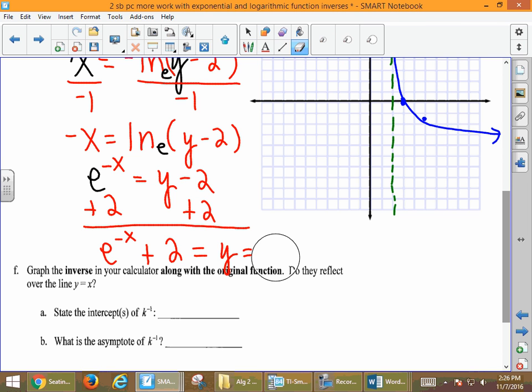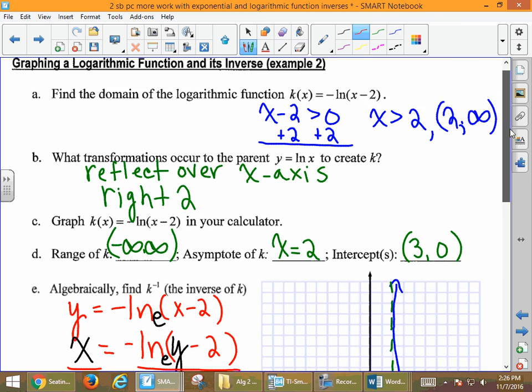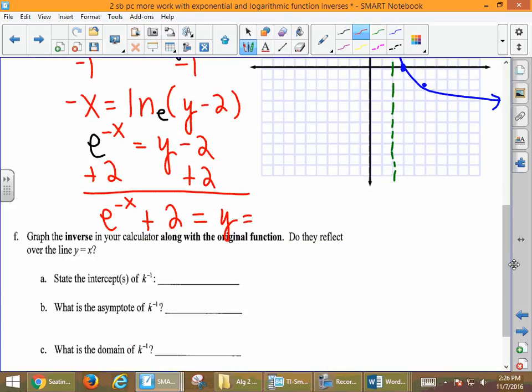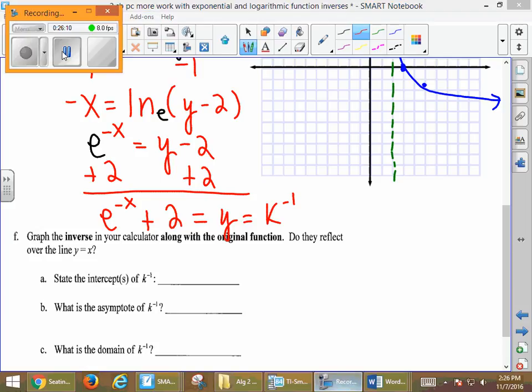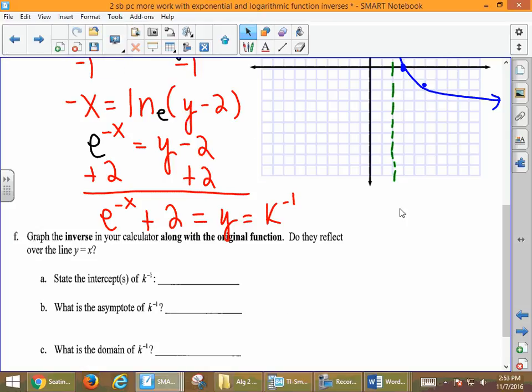And I think, didn't I do a different letter here? K. K to the negative 1. There's our inverse. So now that we found the inverse, we're going to type this equation into our calculator and graph it.